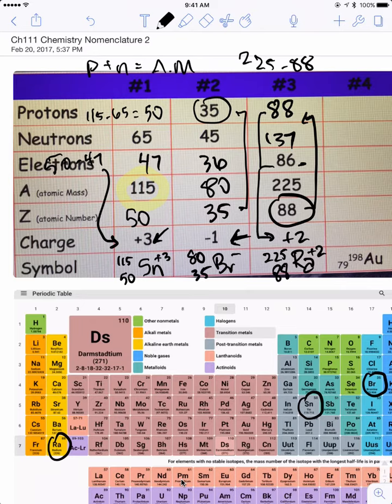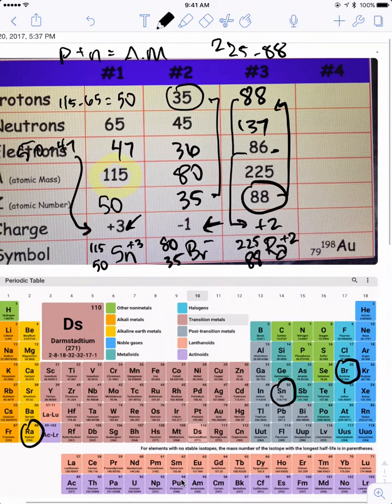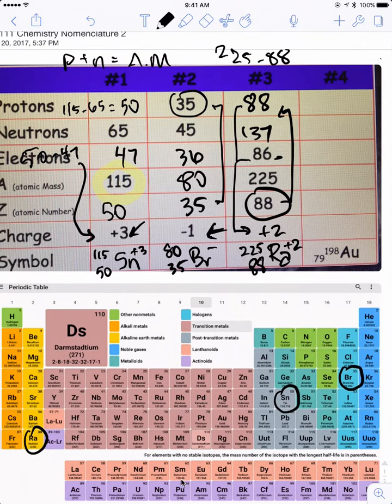So that's radium. The last one, we have the information for gold, and again, this particular isotope is gold 198, so that's the mass. The number of protons for gold is 79, which is also its atomic number. We can assume this is neutral because there's nothing here.